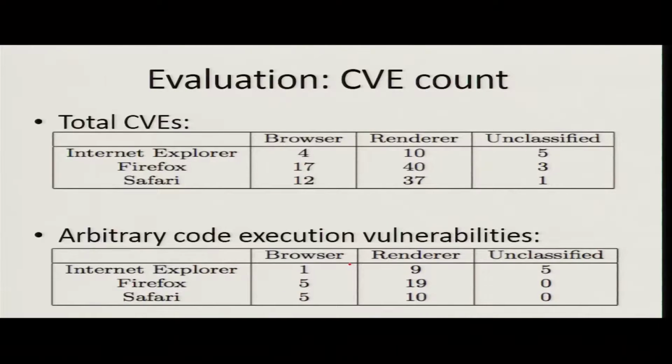Now it turns out, and this is somewhat dated information, that among the CVEs, or vulnerabilities, that have been disclosed, you will see that for example in Internet Explorer at this point in time, probably 2009, there were 4 browser CVEs and 10 renderer CVEs, and some were unclassified as to whether it is a browser or renderer problem.